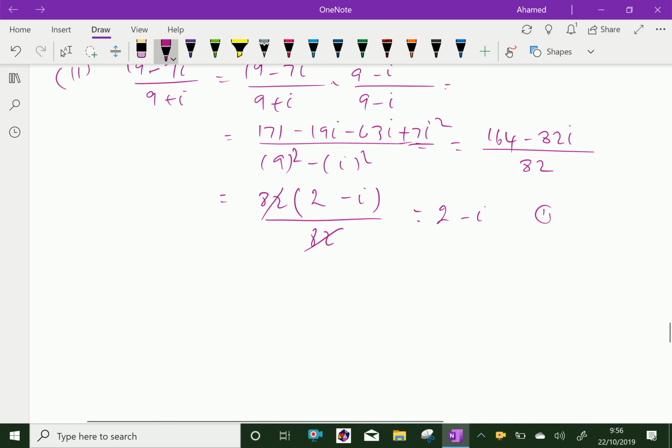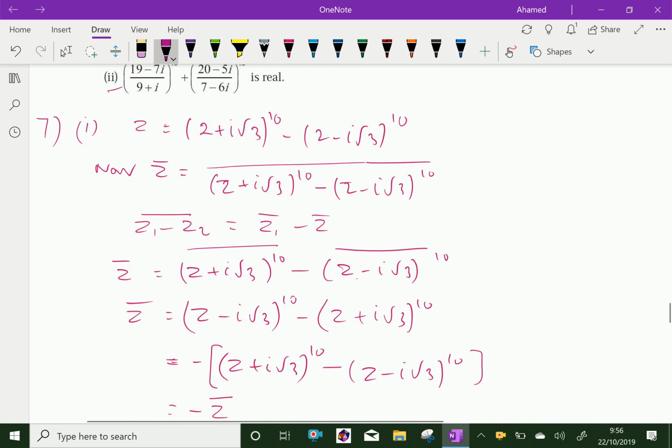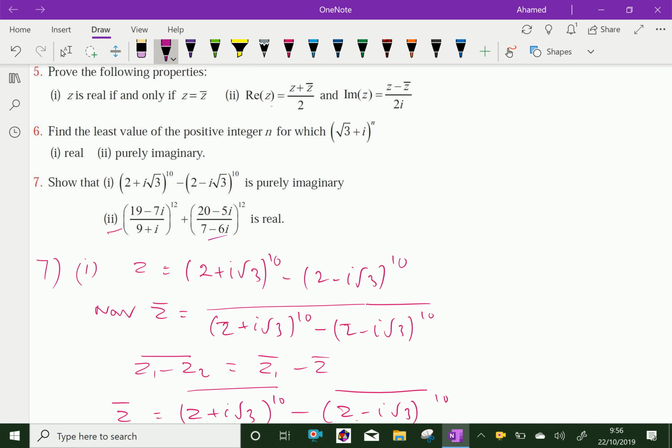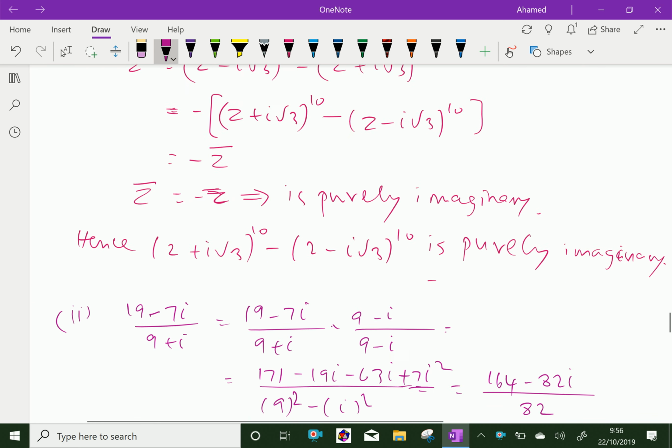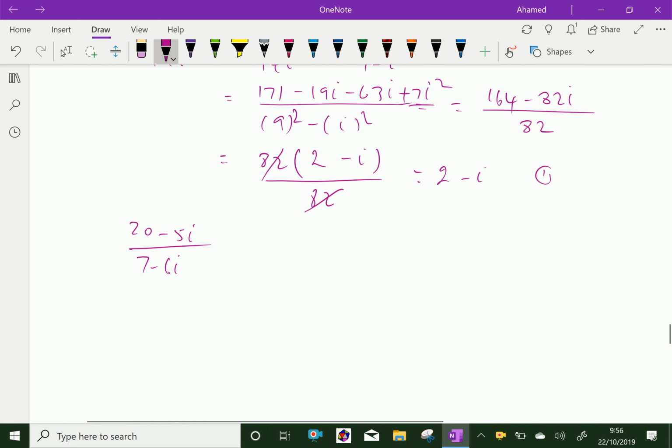Similarly, we can express the second part, that is (20 − 5i)/(7 − 6i).